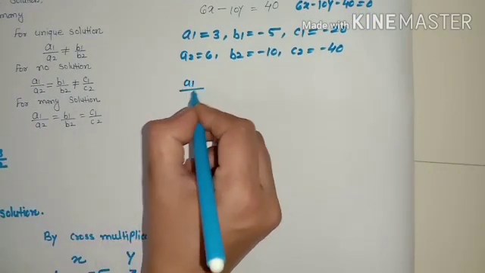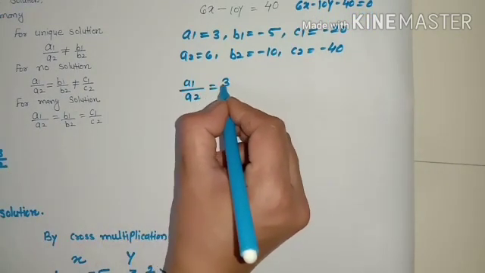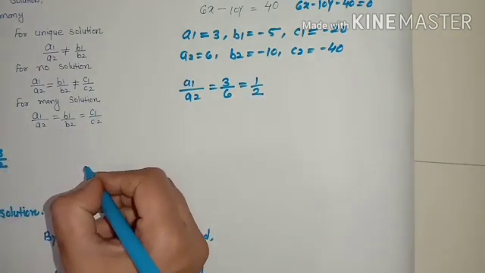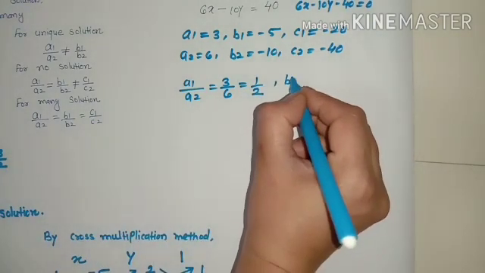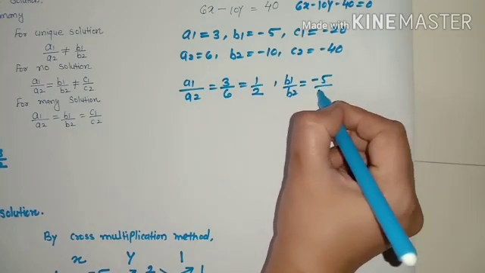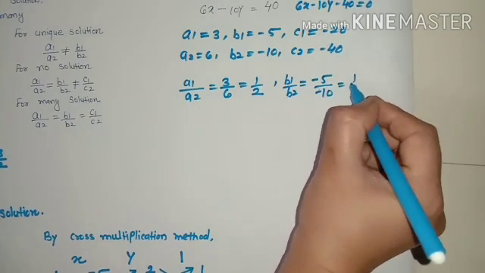We will find a1 upon a2 which is equal to 3 upon 6. When you cancel out you will get 1 upon 2. b1 upon b2 equal minus 5 upon minus 10 which is equal to 1 upon 2.